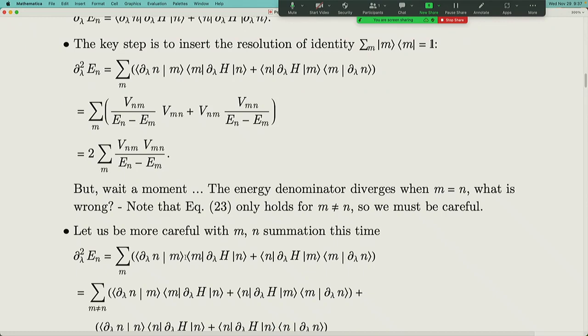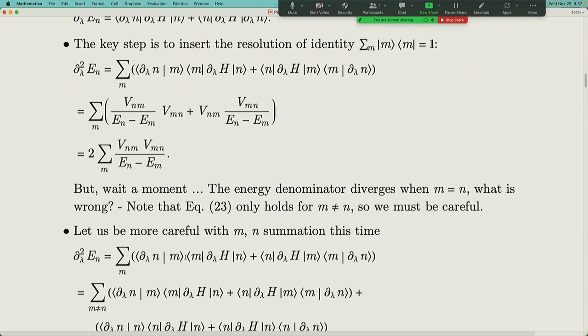Because if I want to calculate the second order correction to this energy level, which is related to the second order derivative of that level n, I have to sum over all the levels m. And in this summation, I'm going to sum over a fraction, and this fraction has a denominator which depends on En minus Em, the energy difference between the nth level and mth level.